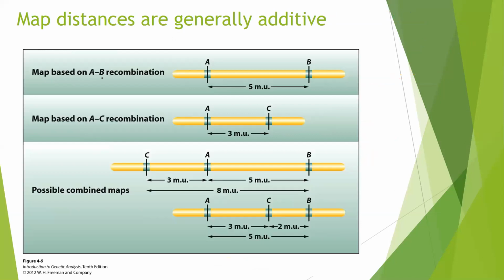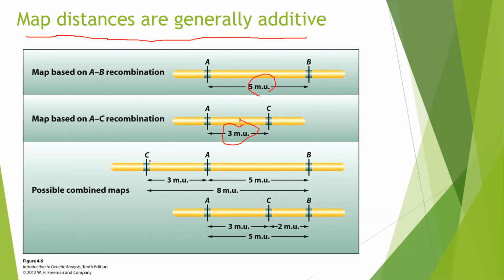Okay, so map distance, actually, there are some features for the map distance. Usually they are additive. So what does that mean, additive, the map distance? For example, if we do the test cross to figure out the map distance between A and B, there's 5 map units. And we do the same thing to measure the distance between A and C, that gives you 3 map units.